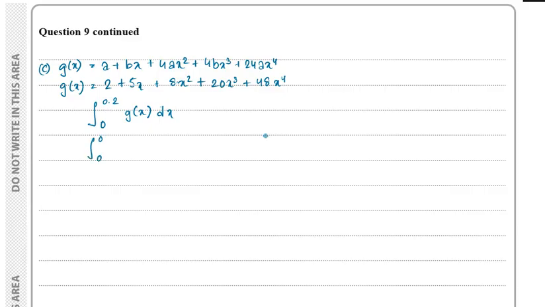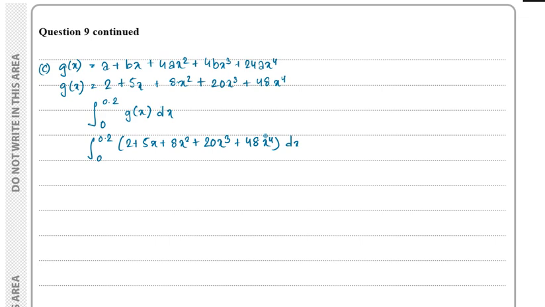So from 0 to 0.2, this would be 2 plus 5x plus 8x squared plus 20x cubed plus 48x to the power 4. And the whole expression is in terms of x, so dx.